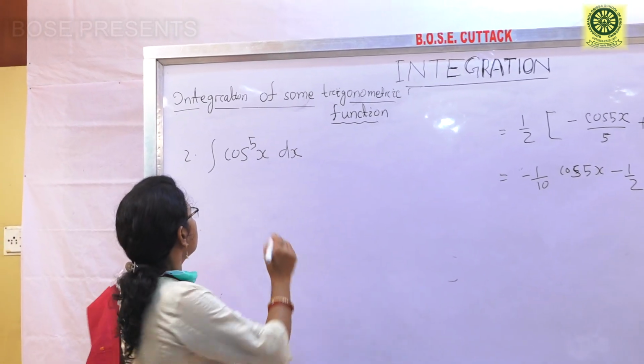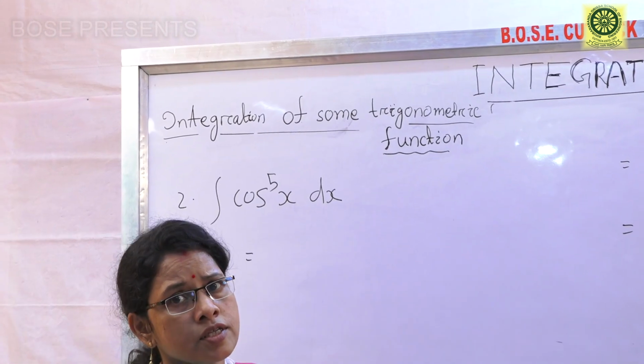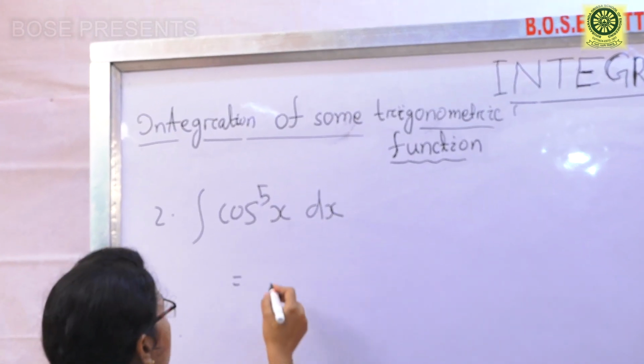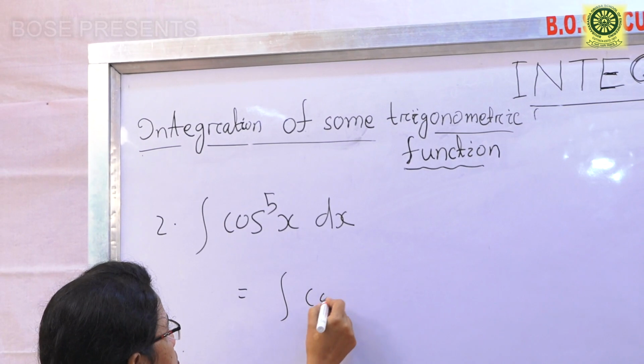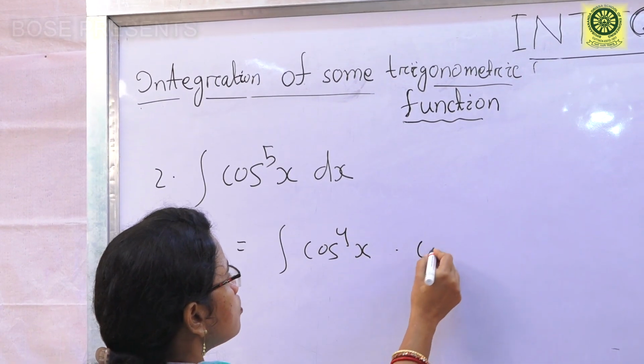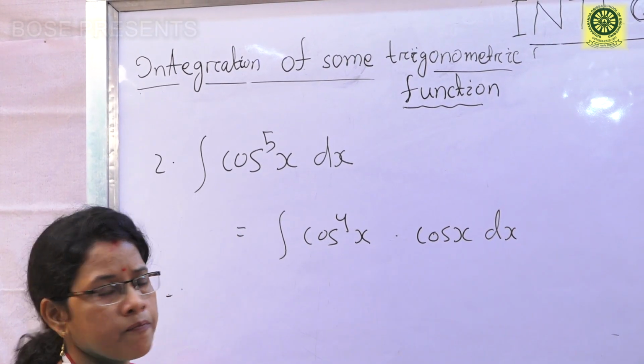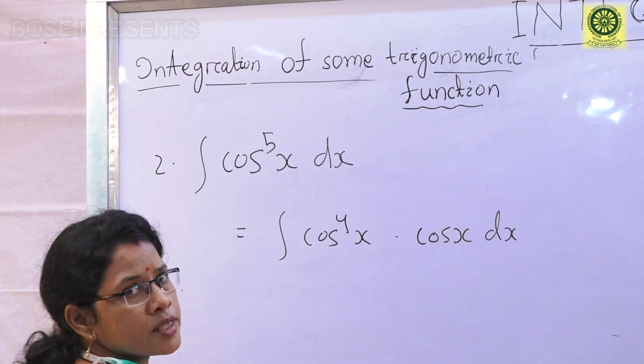Here the power of cos is odd, so just take one cos out of this. So this will be cos to the power 4 x into cos x dx, where cos x is the derivative of sin x.